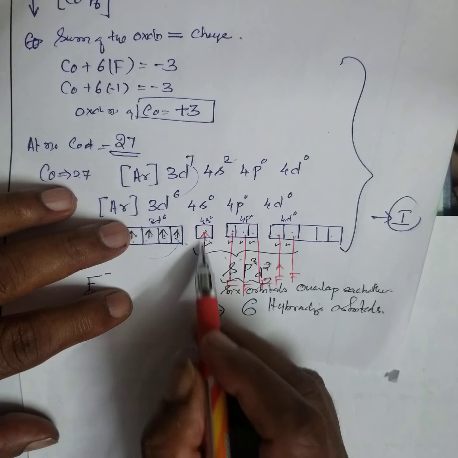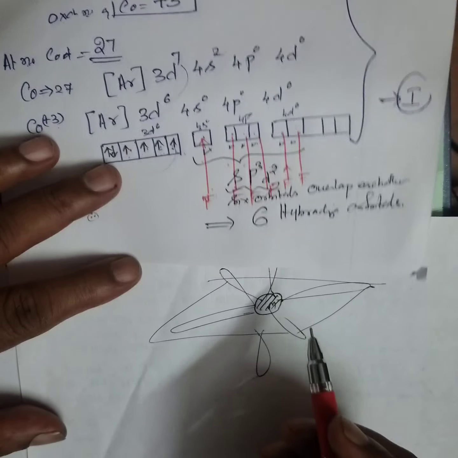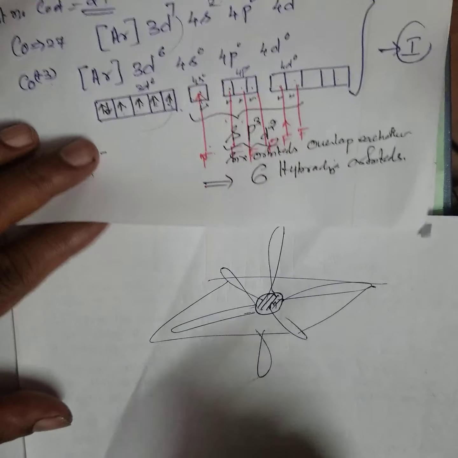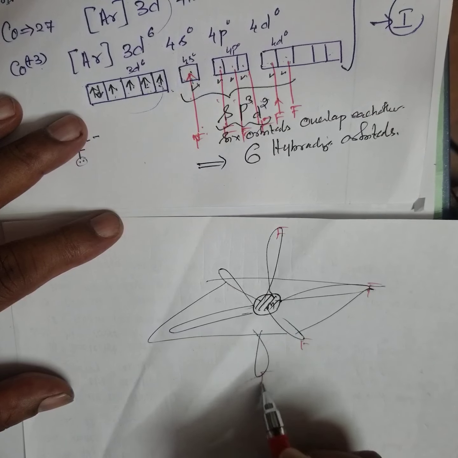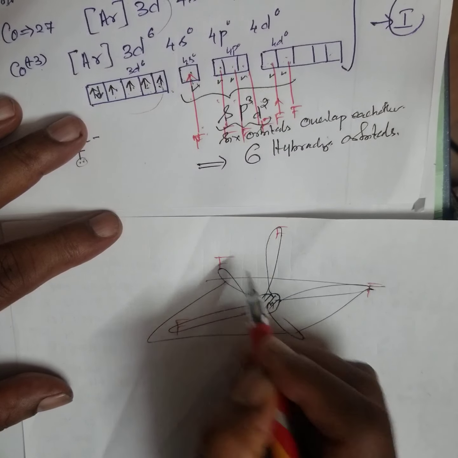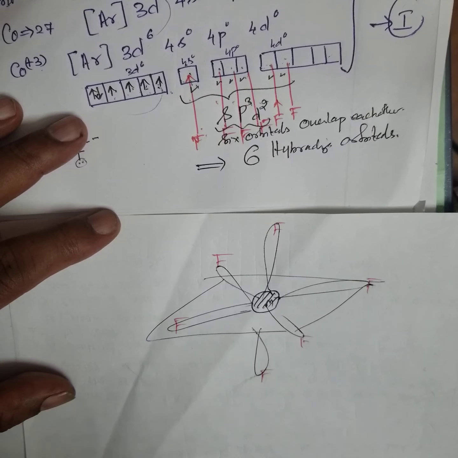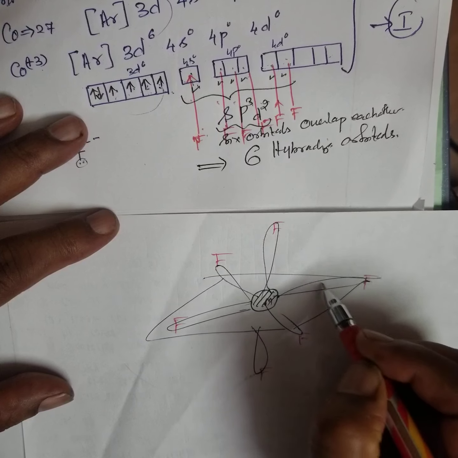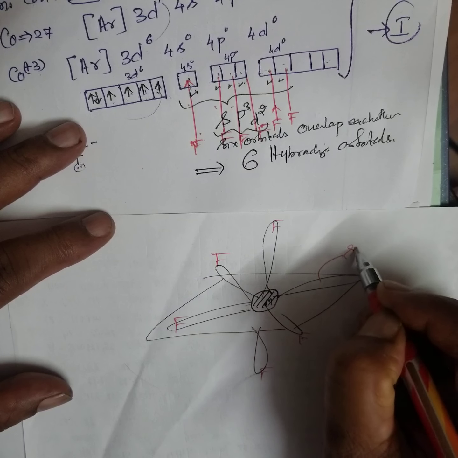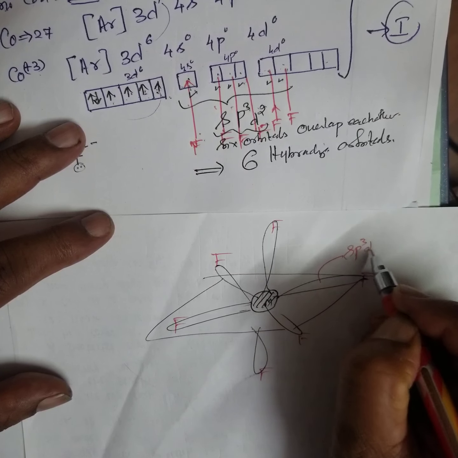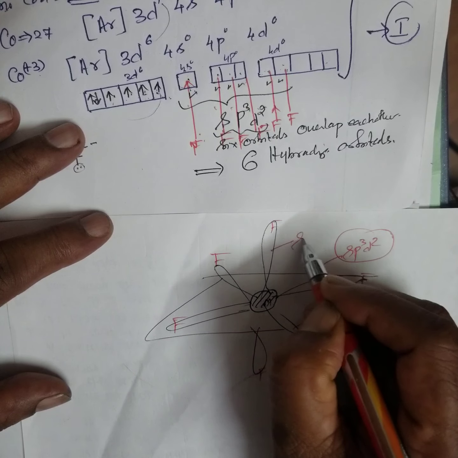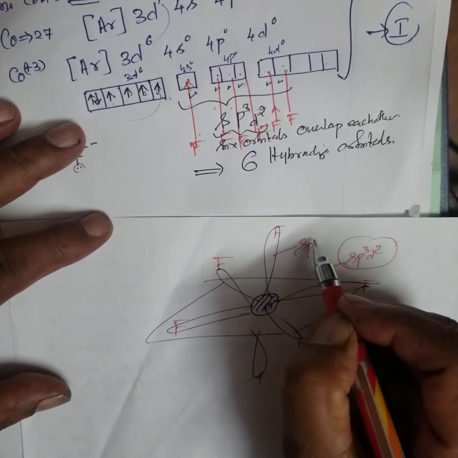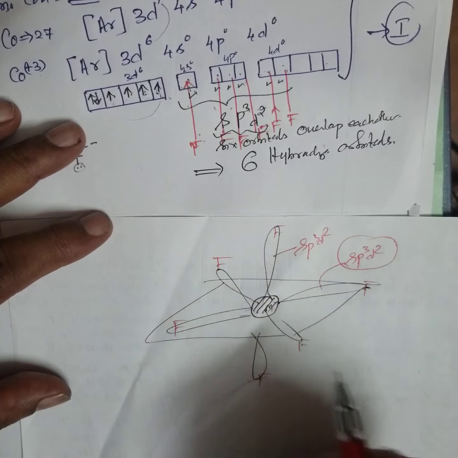Each fluoride donates a pair of electrons. Therefore all 6 hybridized orbitals are filled. What type of orbitals? How to name each orbital? sp3d2 orbital. This is one orbital, this is again an sp3d2 hybridized orbital.